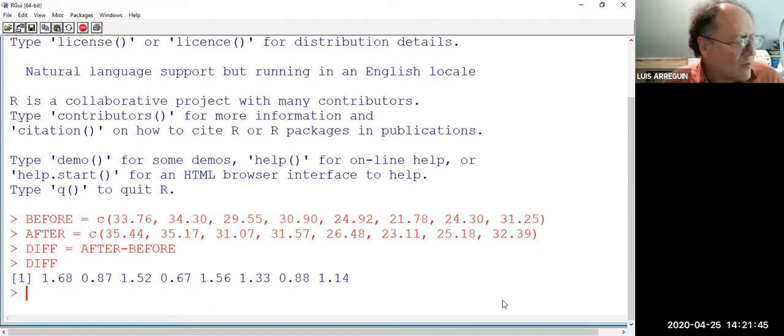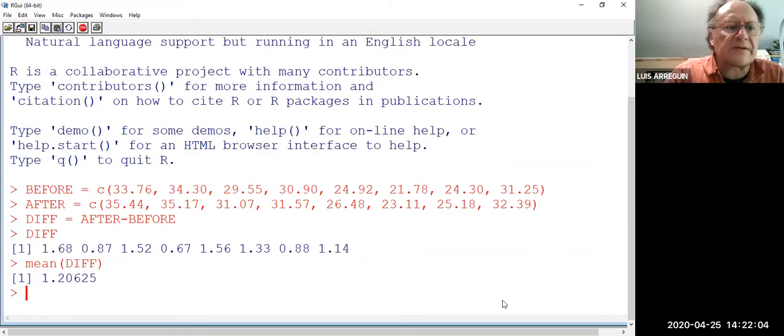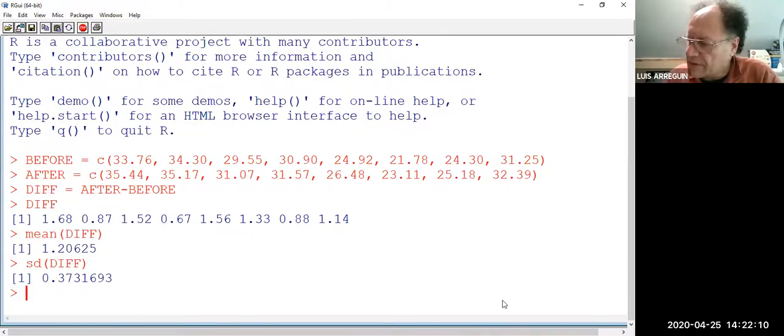I got 1.68, 0.87, 1.52, 0.67, 1.56, 1.33, 0.88, and 1.14. So that's the new sample, essentially. Now I'm going to compute the mean of the differences and the standard deviation of this new sample, and take note of those values.